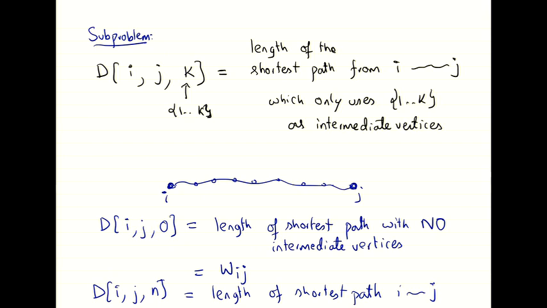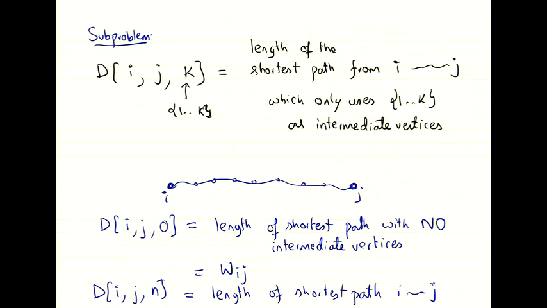Intuitively, you could say that you start with the graph, and you first compute shortest paths where no intermediate vertex is allowed, which means from every vertex i, you need to just jump to j, and you incur the cost of the edge w_ij. And then you decide vertex 1 can now be an intermediate. Now paths can go through 1. You compute the shortest paths.